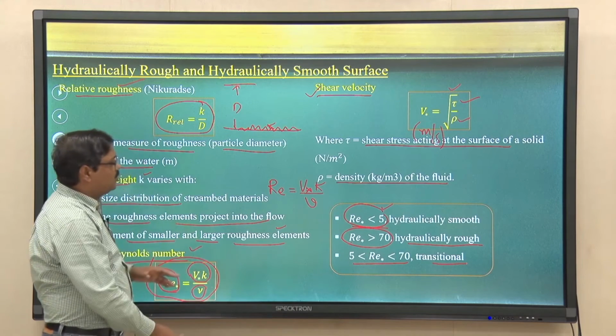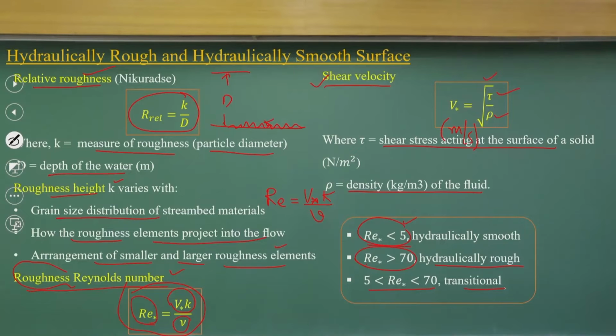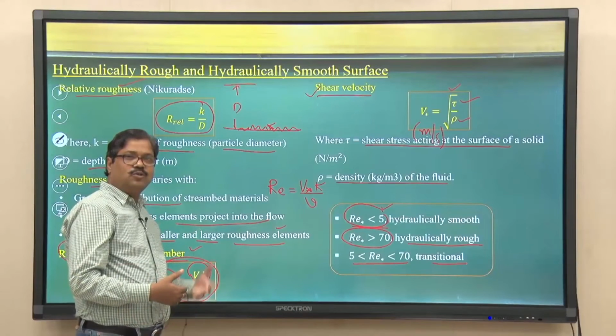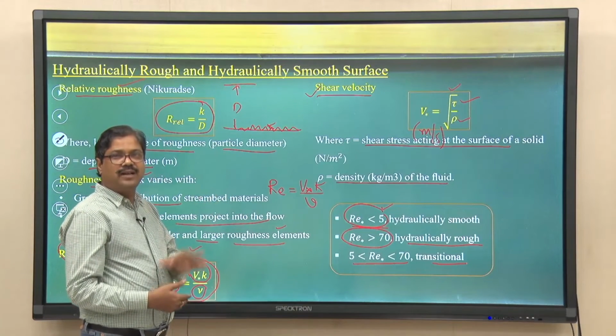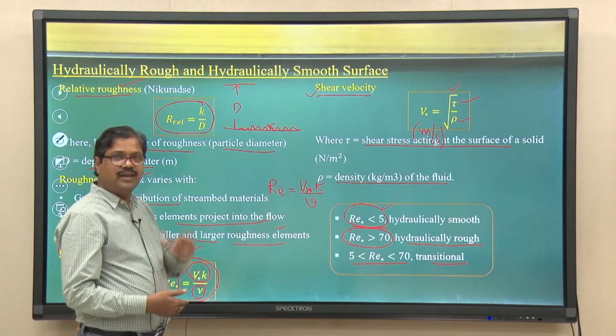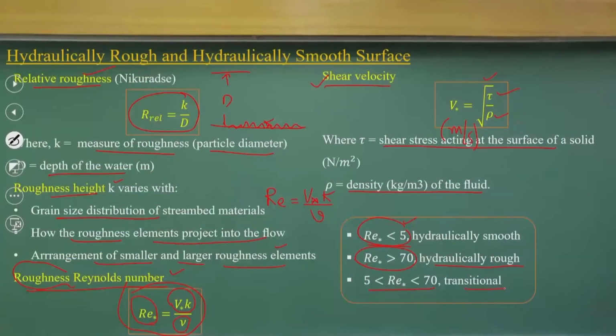Now we try to understand, hypothesizing at the near-bed boundary, whether it is hydraulically smooth or hydraulically rough conditions. That is what we decide, just as in pipe flow we decide laminar or turbulent, or in open channel flow laminar to turbulent zones.